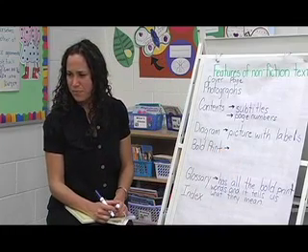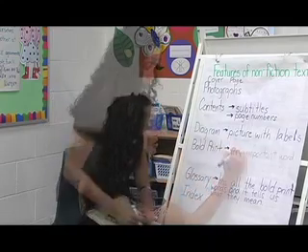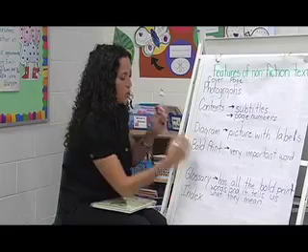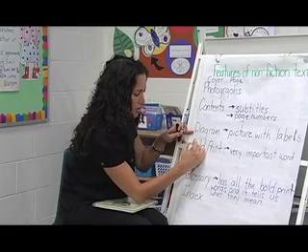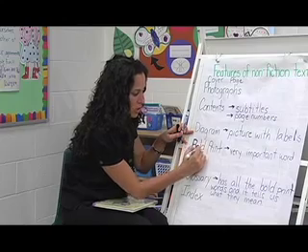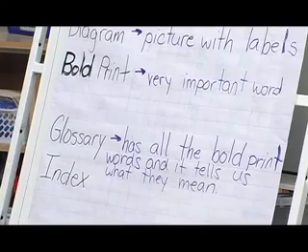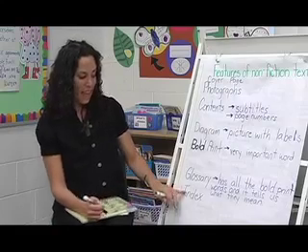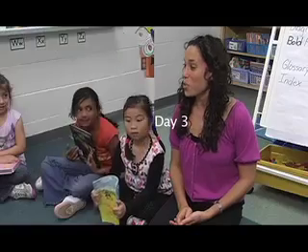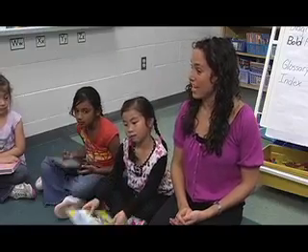It's a word that is very important. So it's a very important word. So I might show bold print by making this one. That was a good idea, Spencer, to make it look just like it's bold print. And then a glossary has all those bold print words, and it tells us what they mean, and the last one was an index.